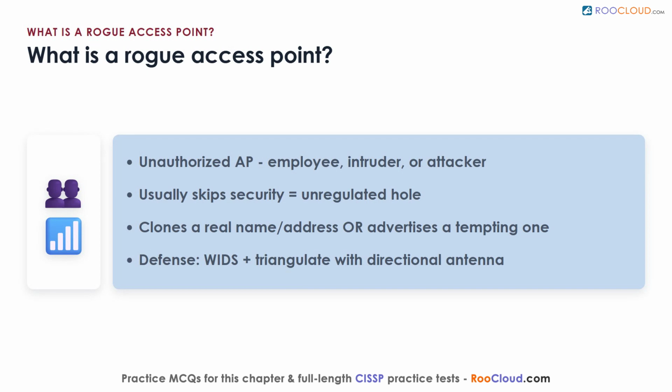One variant clones a legitimate network name and hardware address at higher power to lure your existing clients away from the real access point. Another simply advertises an inviting name to attract fresh visitors. Your defense is to run wireless intrusion detection and hunt these down, often triangulating the source with a scanner and a directional antenna. Picture a fake toll booth set up on a road to collect from unwitting drivers.